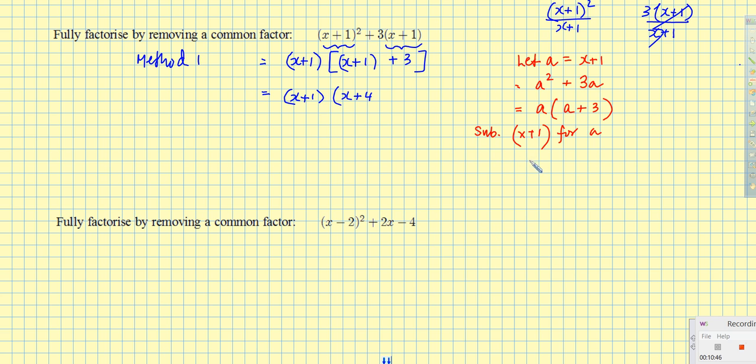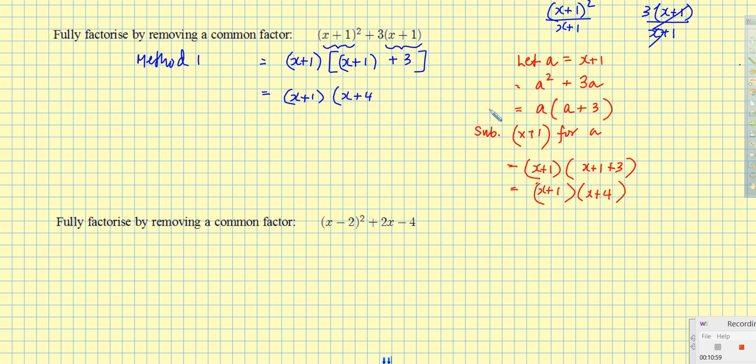So I'll have x plus 1 multiplied by x plus 1 plus 3. And as you can see, I'm getting x plus 1 times x plus 4 as my solution.